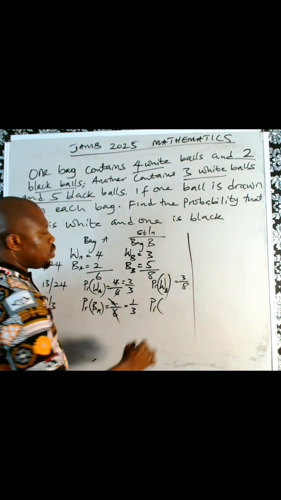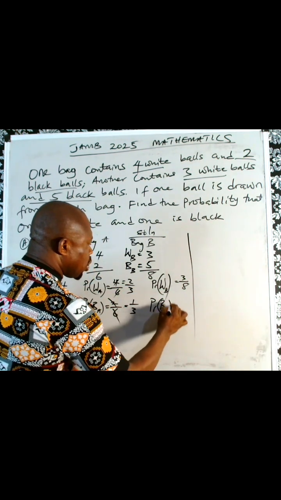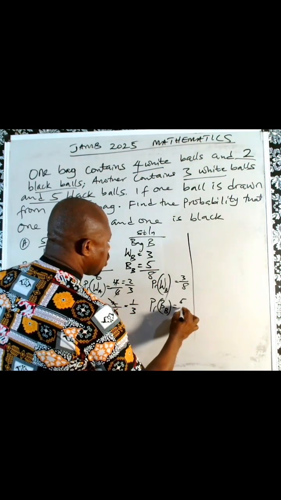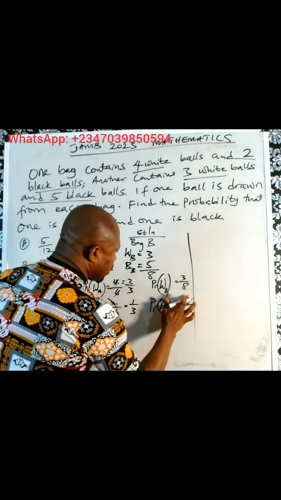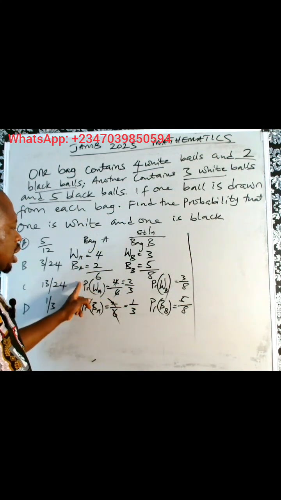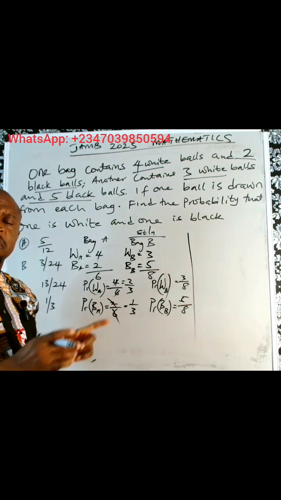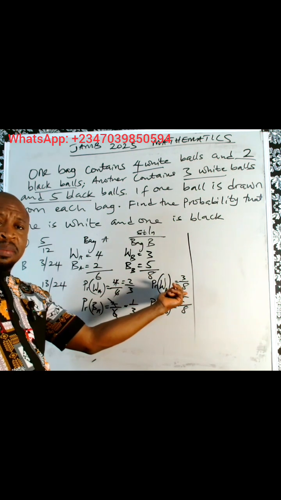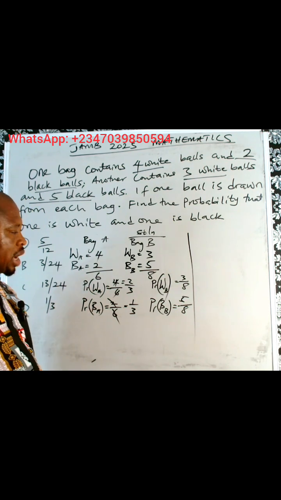Probability of the blacks in B, the number of black is 5 all over the total number of balls, which is 8. Having gotten the probability of white and black in the first bag, and the probability of white and black in the second bag.